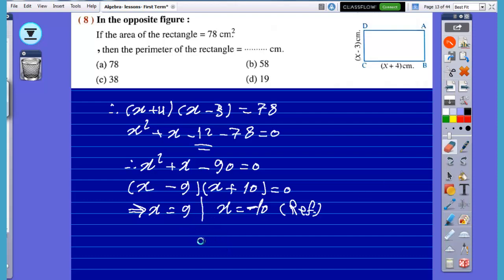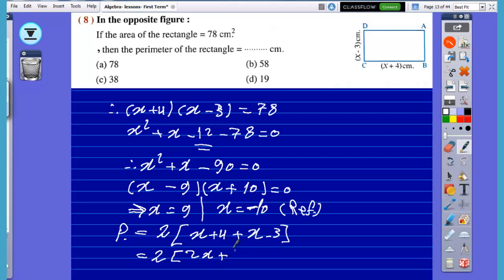what is the value of the perimeter? The perimeter of the rectangle equals 2 multiply length plus width, x plus 4 plus x minus 3. So it is equal to 2 multiply 2x plus 1, as 4 minus 3 equals 1.